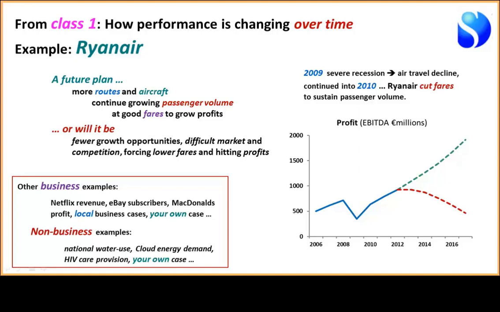I've had somebody else working on how the cloud computing capacity providers can make less of an impact in the energy demand that they're placing on the world's power generation systems. I've had somebody working on the provision of care for people with HIV. But again, if you're working in your own non-business case, or if other people have got non-business cases, this is still the place to start. It's just that profit won't be the item on the chart.